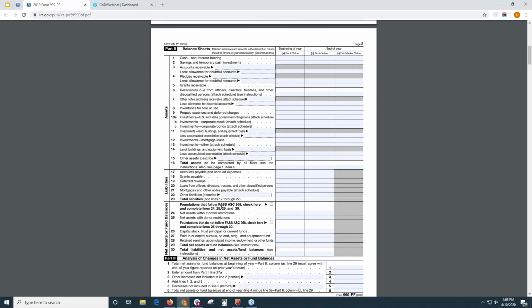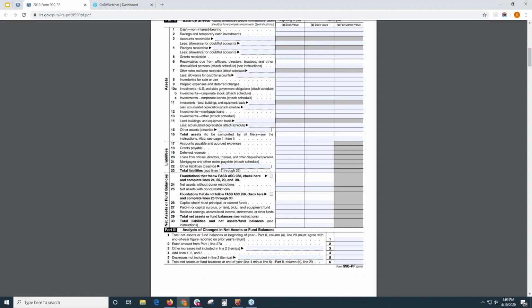The next section in Part 2 is liabilities. So accounts payable, grants payable, loans from officers, etc. are reported in this section. And when you get down to line 23, you will get that total by subtracting lines 17 through 22.